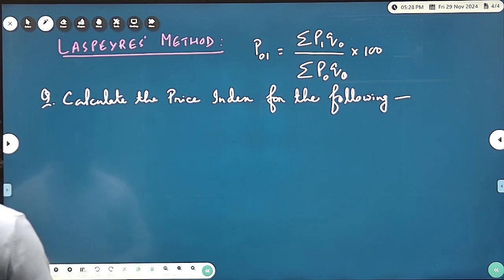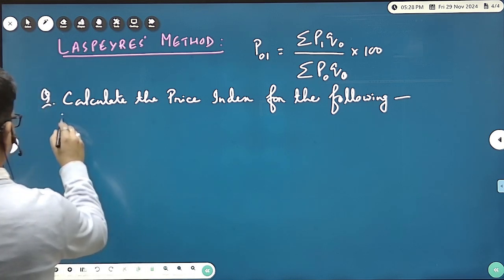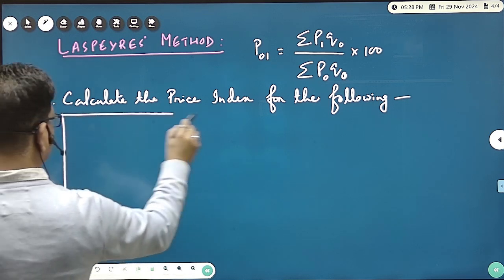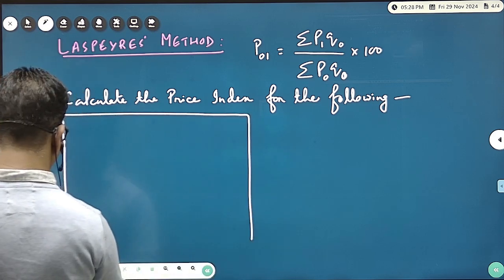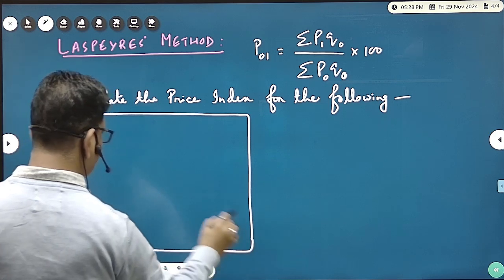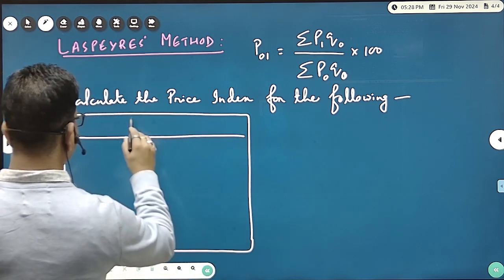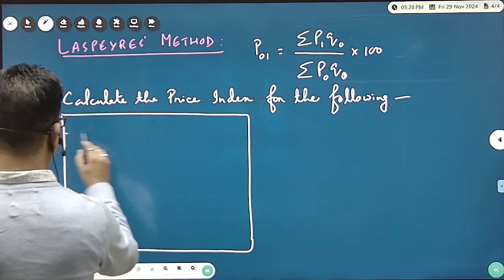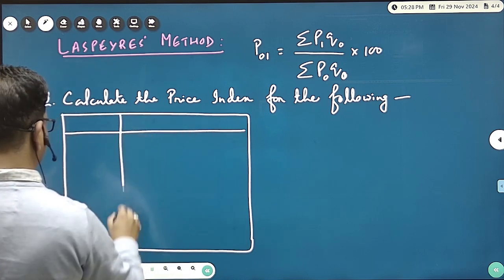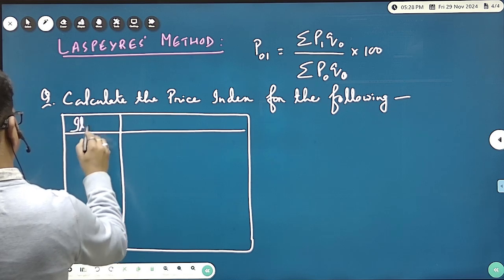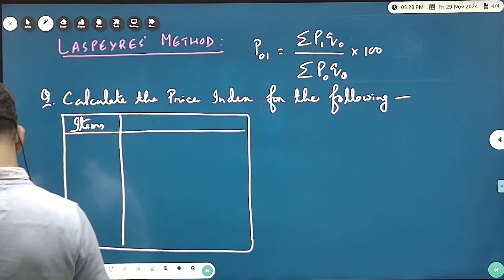Okay. So to understand that, once again I am making a table to give an idea of the quantities that are mentioned in the formula. So once again, the commodities or the items that are bought. So write here items. These items are bought.